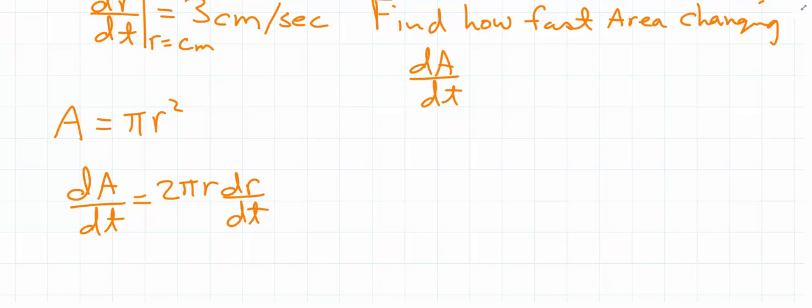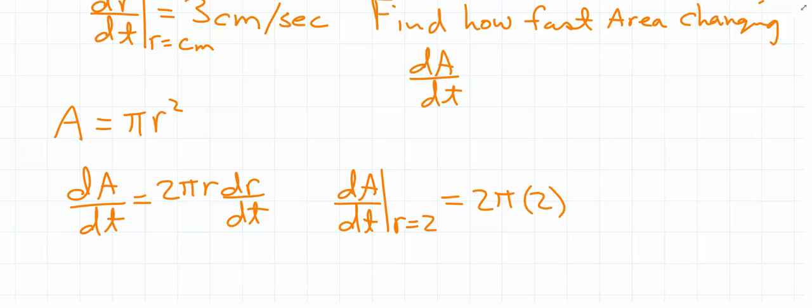Now, if I do that, notice I have everything that I need because I can plug in. So I can say, dA/dt when the radius is equal to 2 is equal to 2 pi r, just put in a 2 there, dr/dt, and dr/dt is 3. Now I left off the units here, but does everybody see that?